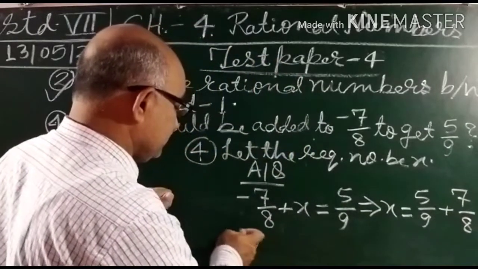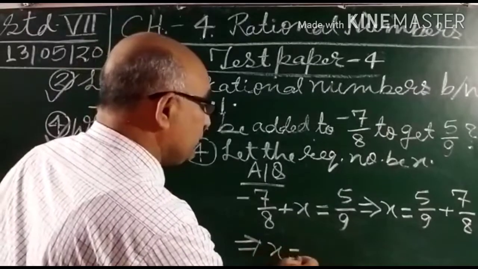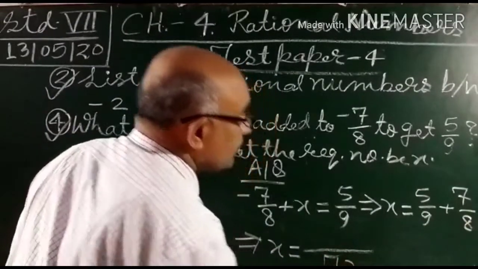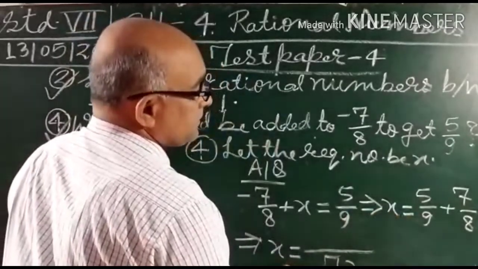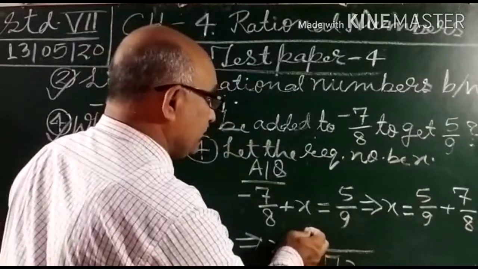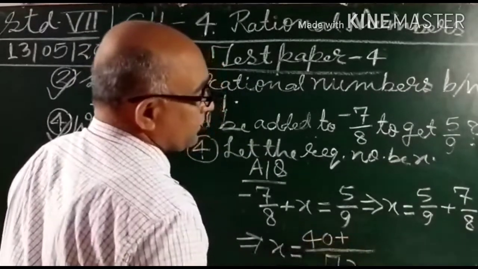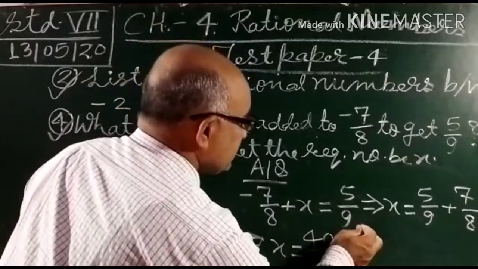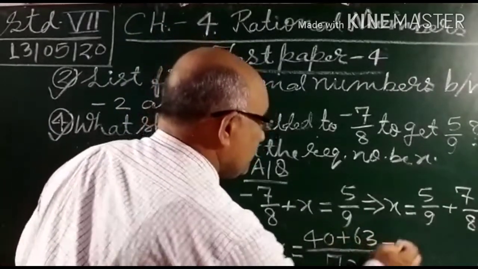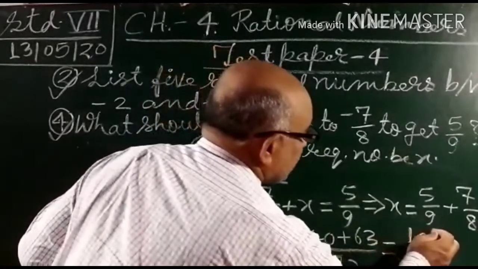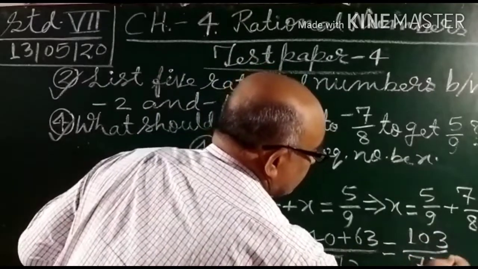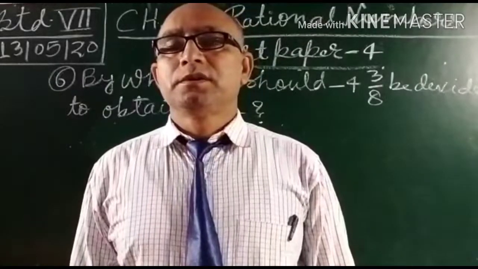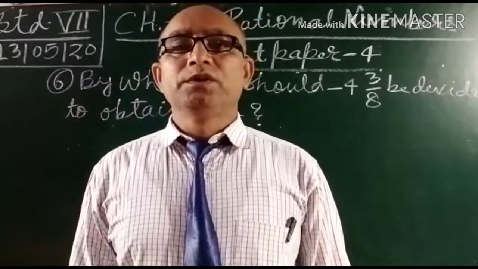That implies x equals, LCM of 9 and 8 is 72. 9 8s are 72, so 5 8s are 40, plus 8 9s are 72, 9 7s are 63, equals 103 by 72. Answer. Write it.